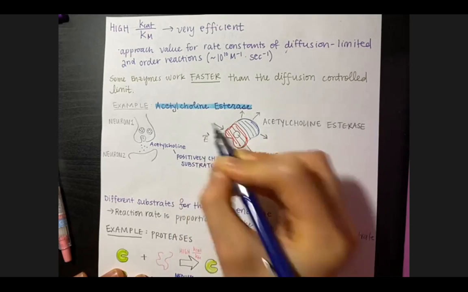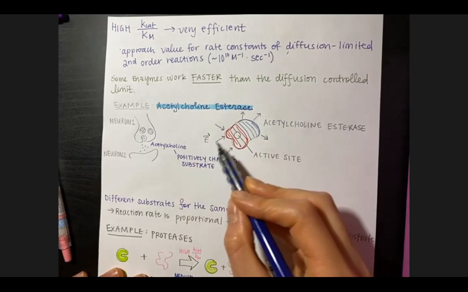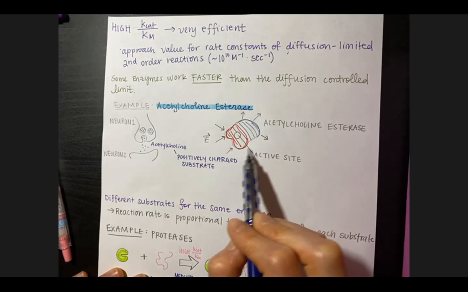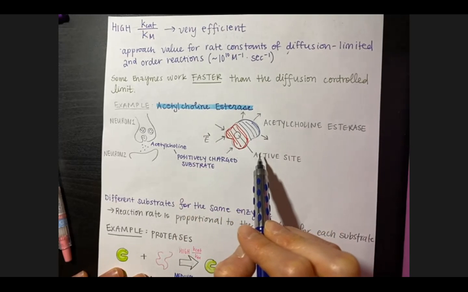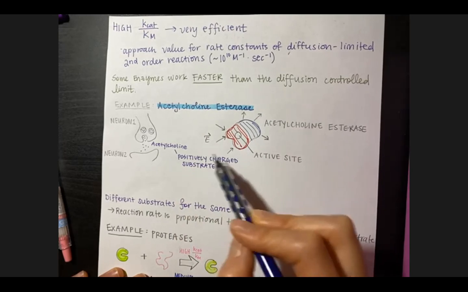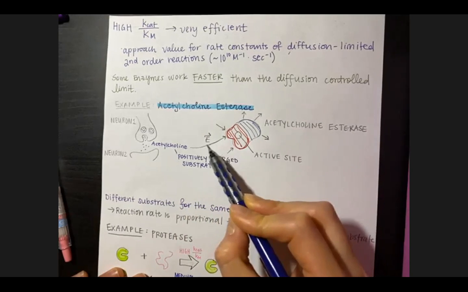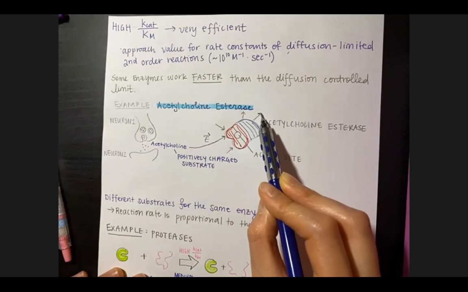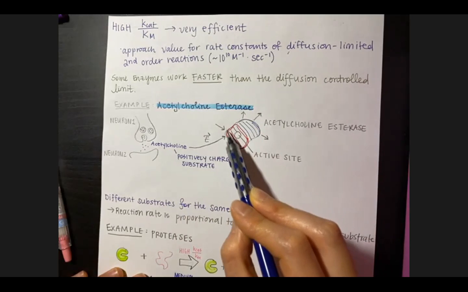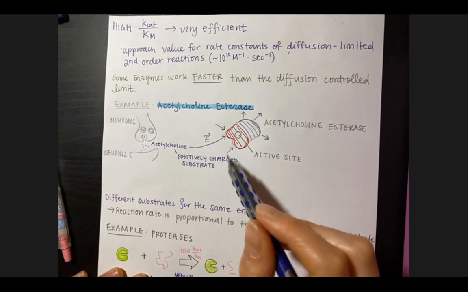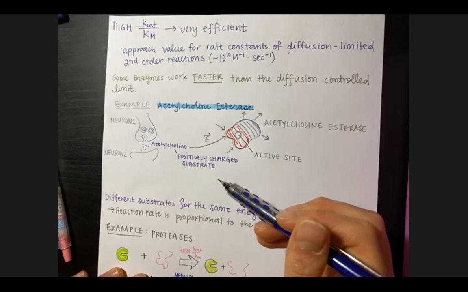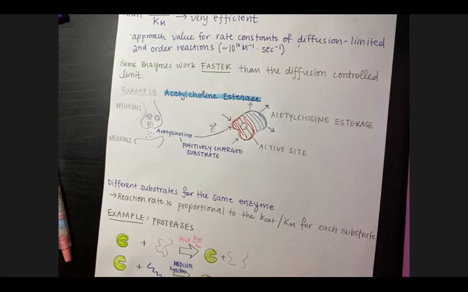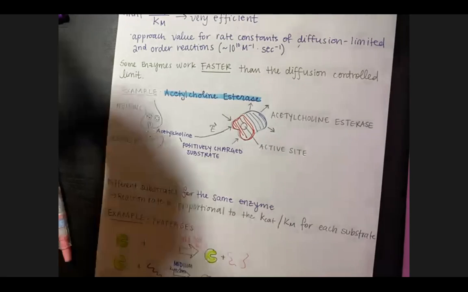Here I've drawn some electric field lines. The positive charges are going to go in the direction of the arrows. The red region is going to be negative electrostatic potential, so it's lower energy for the positively charged acetylcholine to go here. Then the positive electrostatic potential repels the acetylcholine towards the active site. This is how acetylcholine esterase can work faster than the diffusion limited rate, because it's funneling the substrates to the active site faster than diffusion.